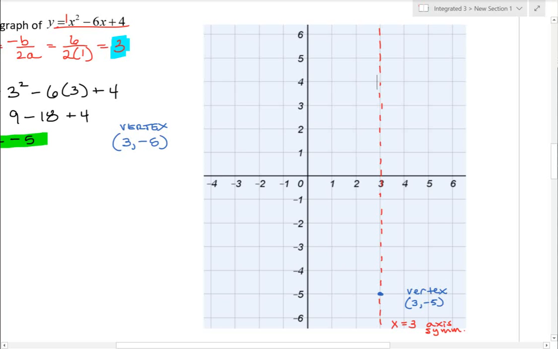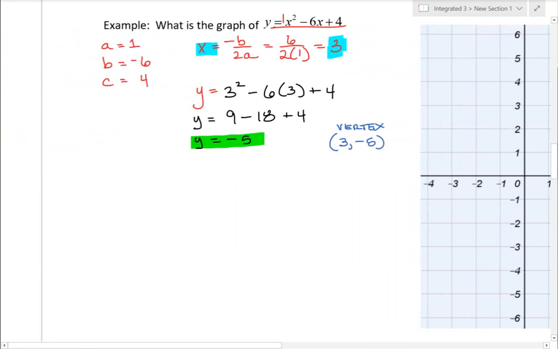So the y-axis is when x is 0, correct? So if I take my original function, which was y equals x squared minus 6x plus 4, and I plug in x to be 0, what does this become?